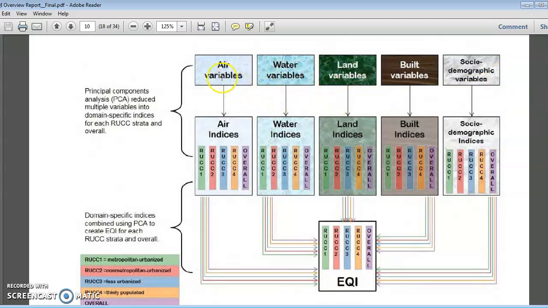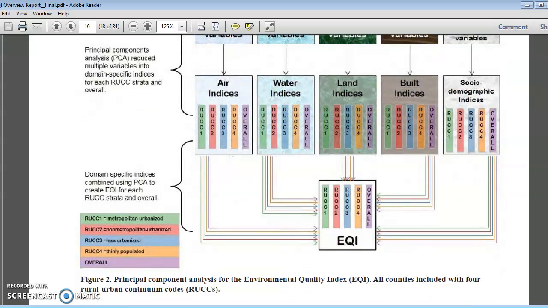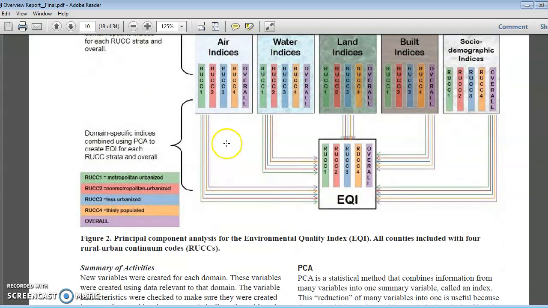Okay, so for the air variables, again air indices are calculated. This is calculated by using principal component analysis. It is a technique used to calculate these air indices. So for each domain we have calculated various indices on the data we have gathered. And in the very first slide I have said that there will be 4 categories.